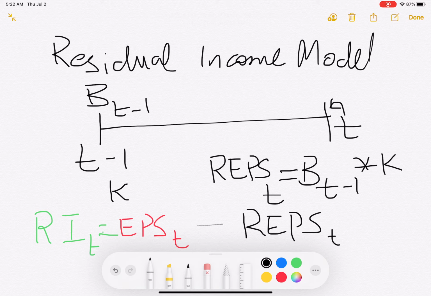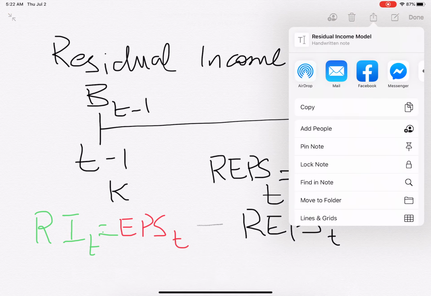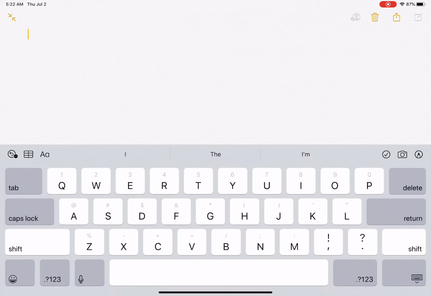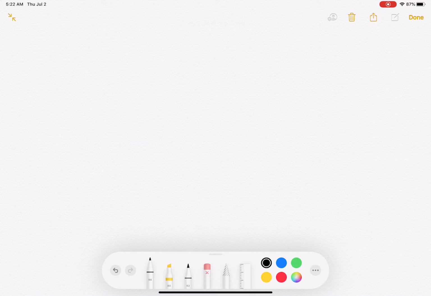So for this reason, you can see that we will be able to get the residual income. The price of the stock will now be based on two parts: the current book value, plus the present value of all the future residual incomes.